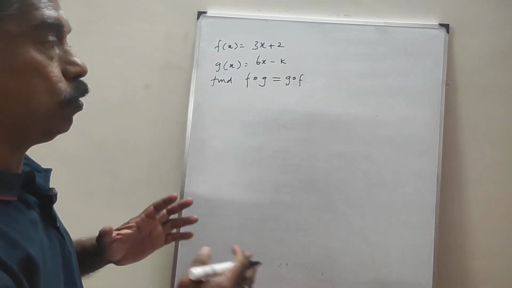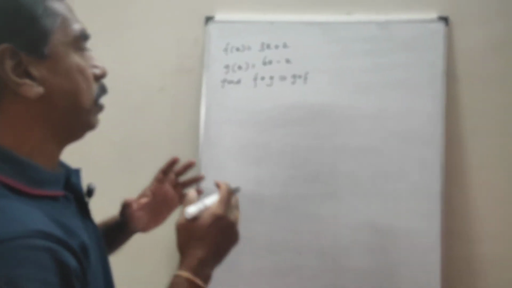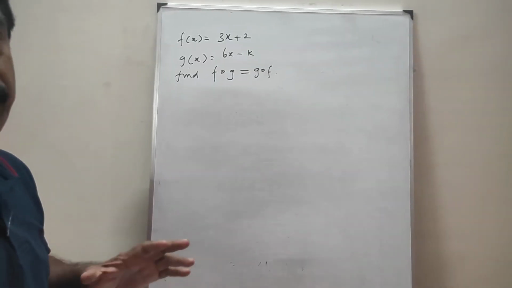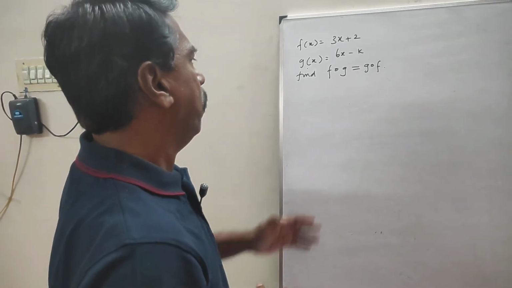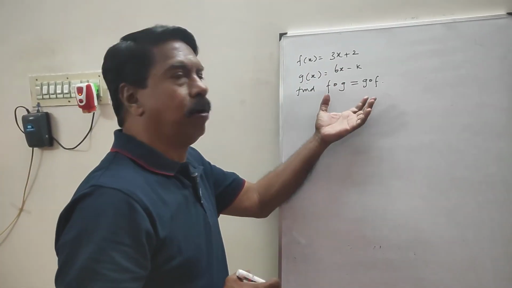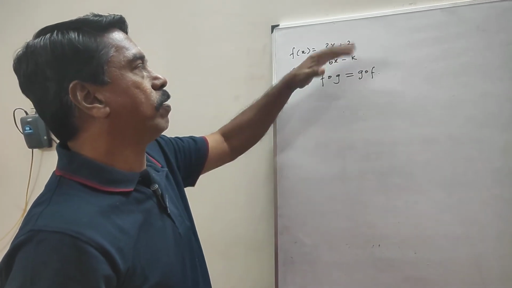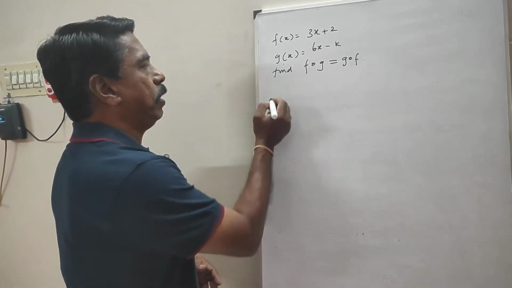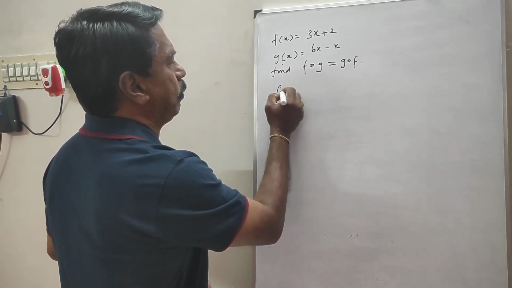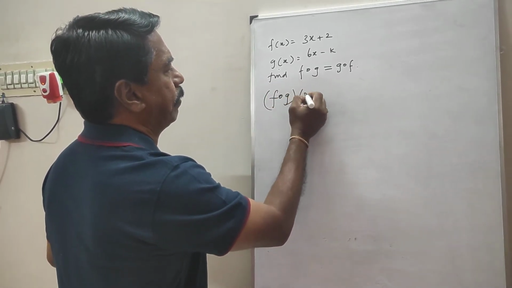Already we said the composition of functions is not always commutative, but sometimes they will give us commutativity and ask you to find the unknown. I'll go a little faster. So we find f∘g of x.